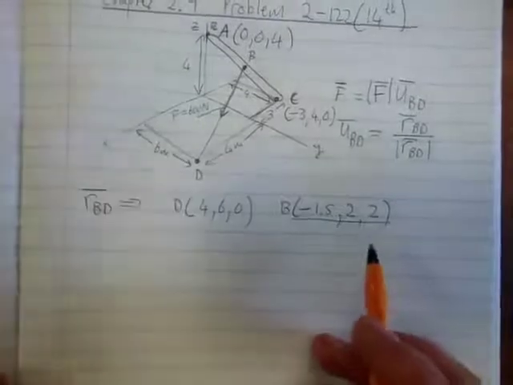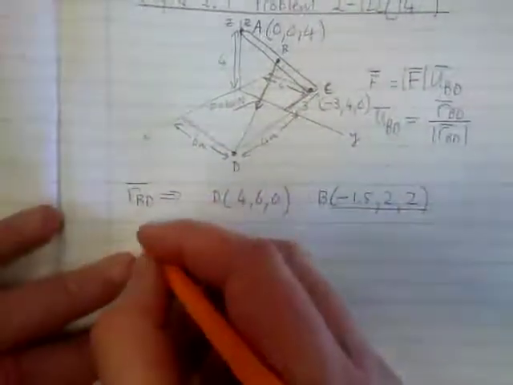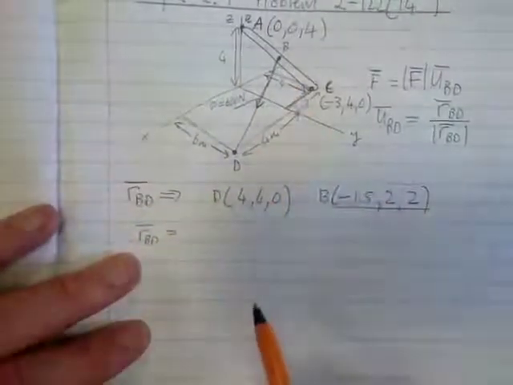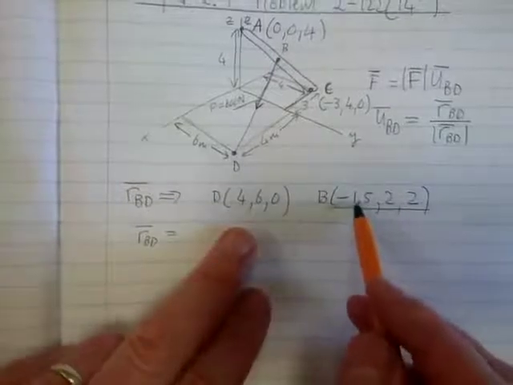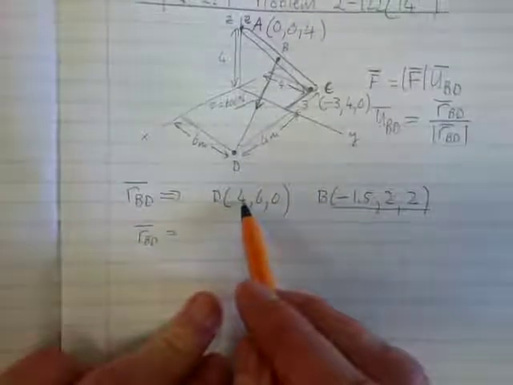Now that I've got B, I can determine the position vector RBD, which is simply, how do I get from B to D? I need to start at minus 1.5, and I need to end at 4.